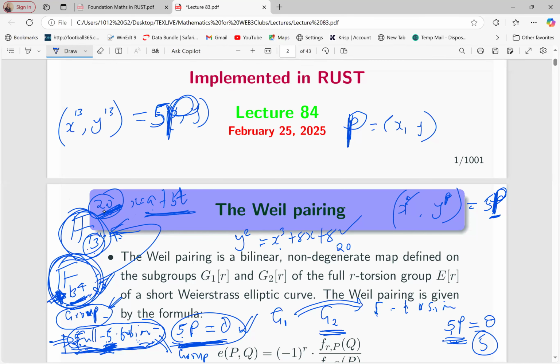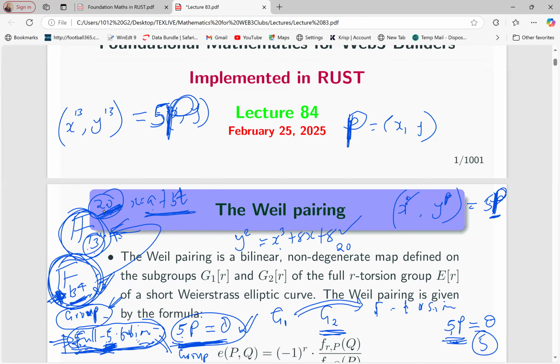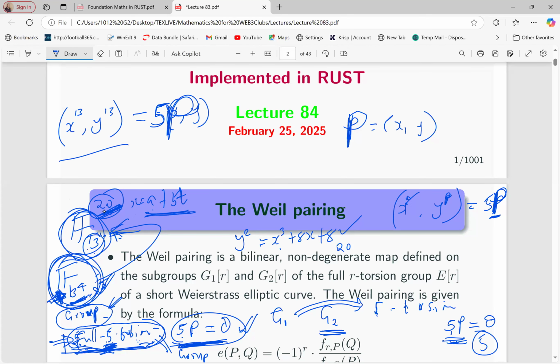All of them that fulfill this property, we shall call group 2, G2.